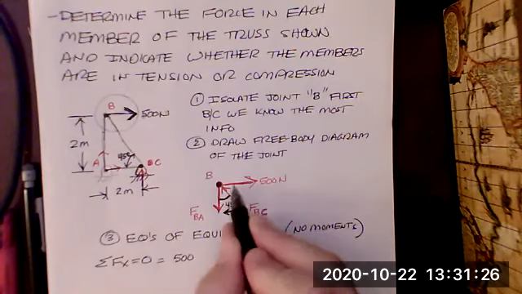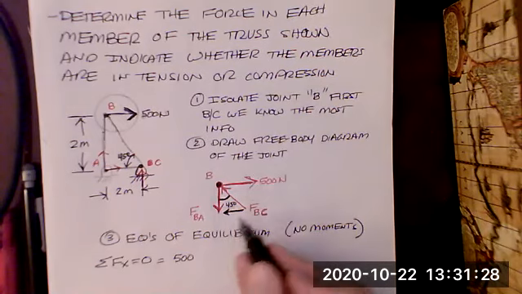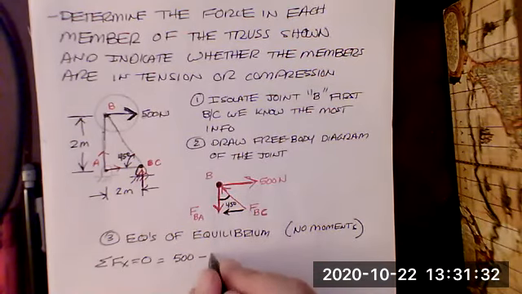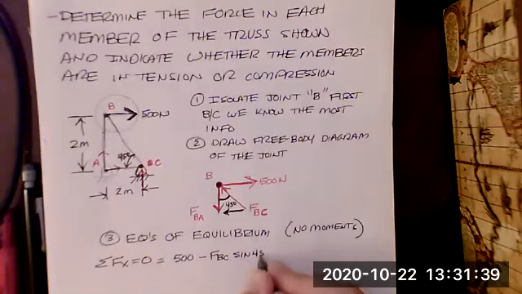So we got 500, and then we have this component here, which is going to be minus FBC sine 45 degrees, because that's the horizontal component, and the sum equals 0.